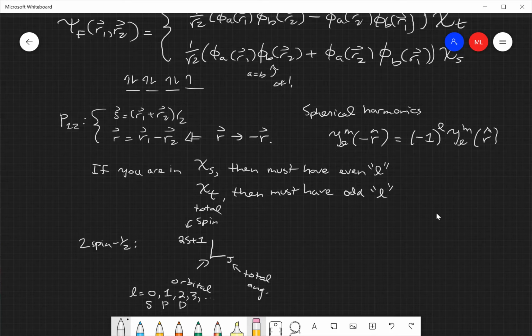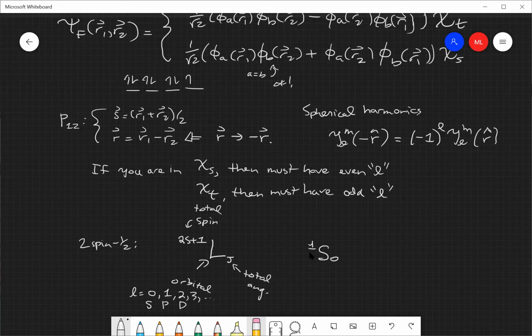For instance, here's 1S0. This would be something with 0 orbital angular momentum. It would have 0 total angular momentum. And it's 1 here, so that means this little s must be 0.